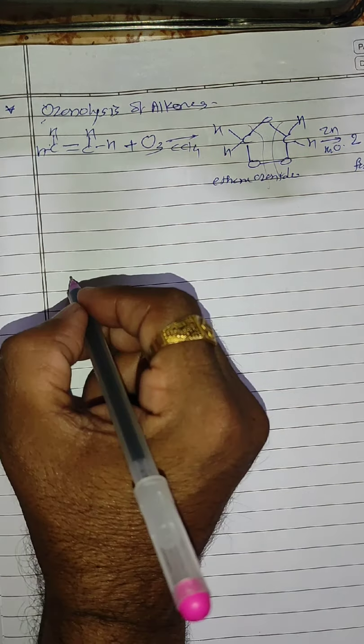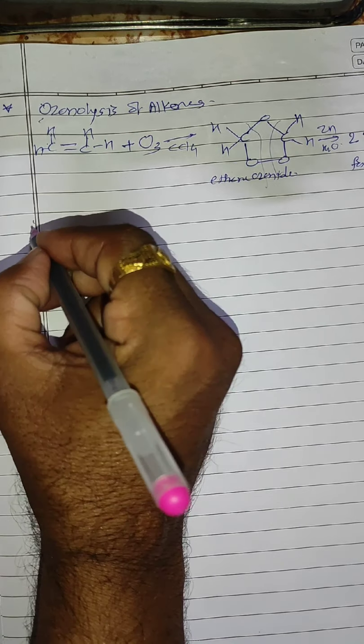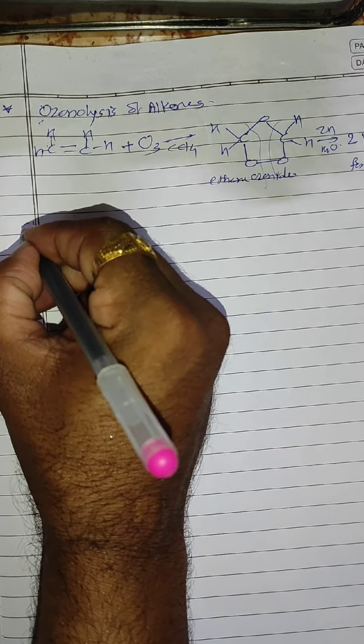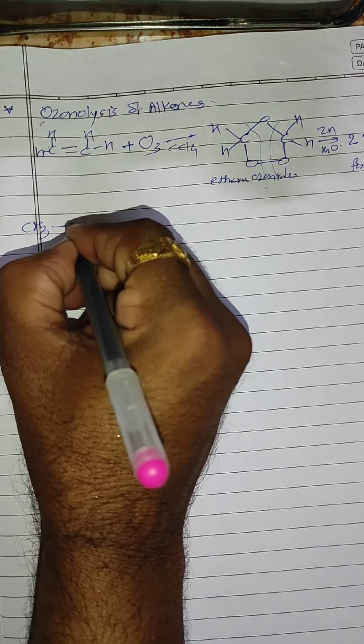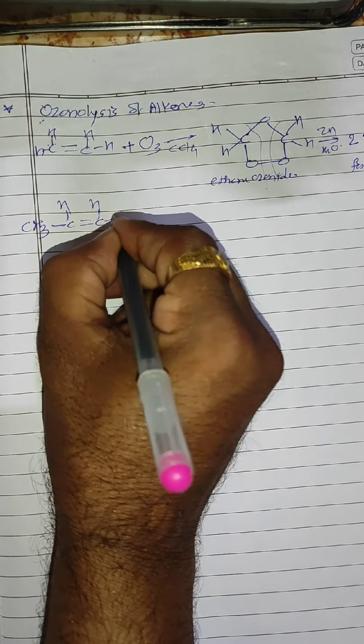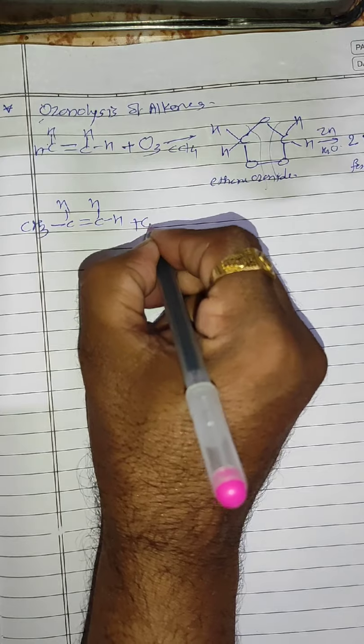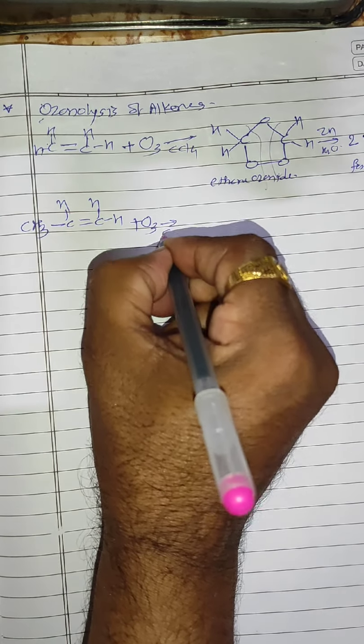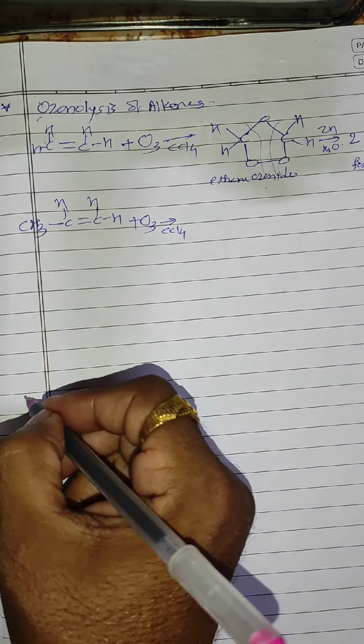Similarly, another reaction, propene. Propene we can write here CH3 CH double bond CH and CH plus O3 in presence of CCl4.